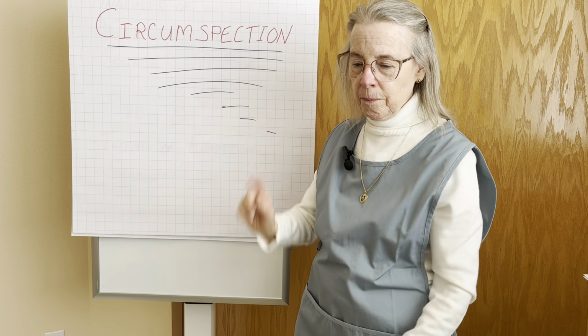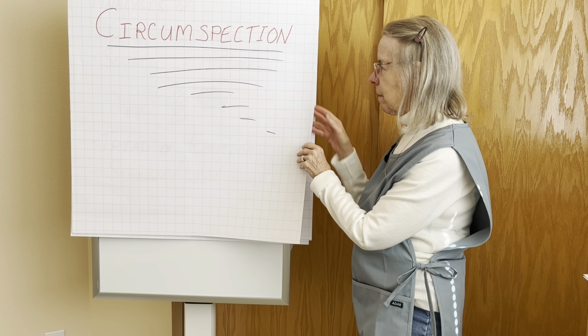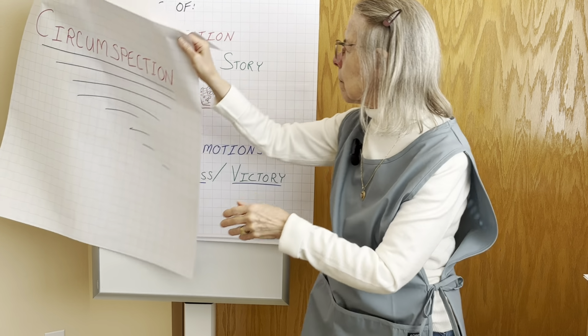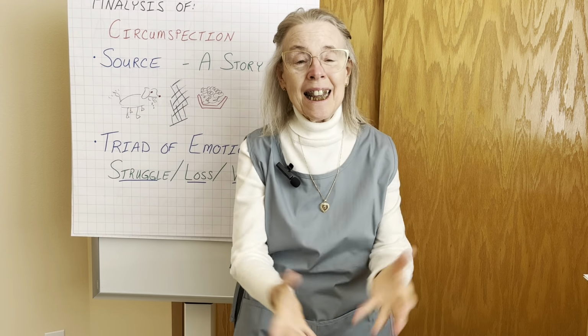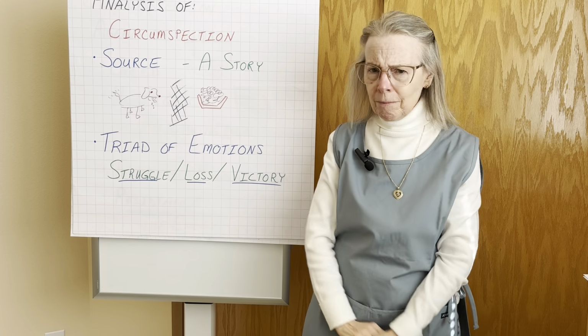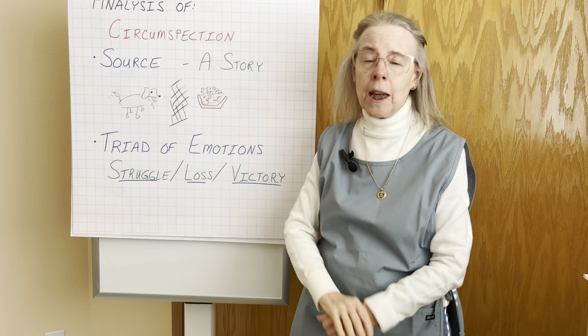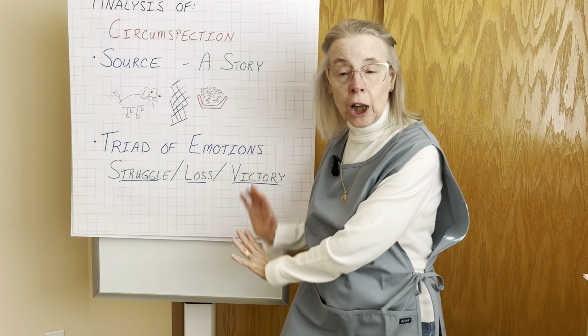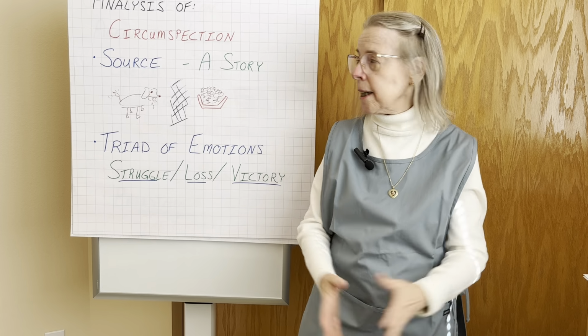Circumspection. So now we get to do our analysis of circumspection. As before, we're going to be looking at the source, and we're going to be looking at the triad of emotions, and then we'll look at some modifiers, just as we did when we analyzed orderliness.